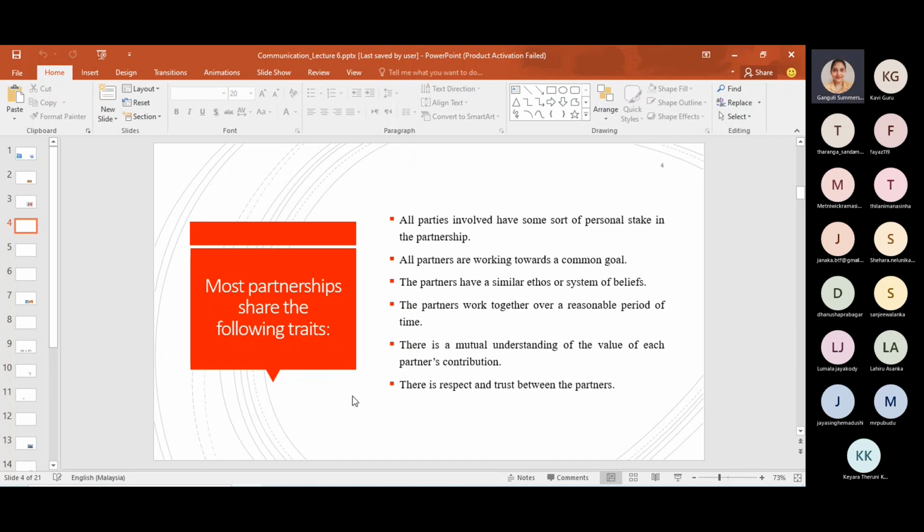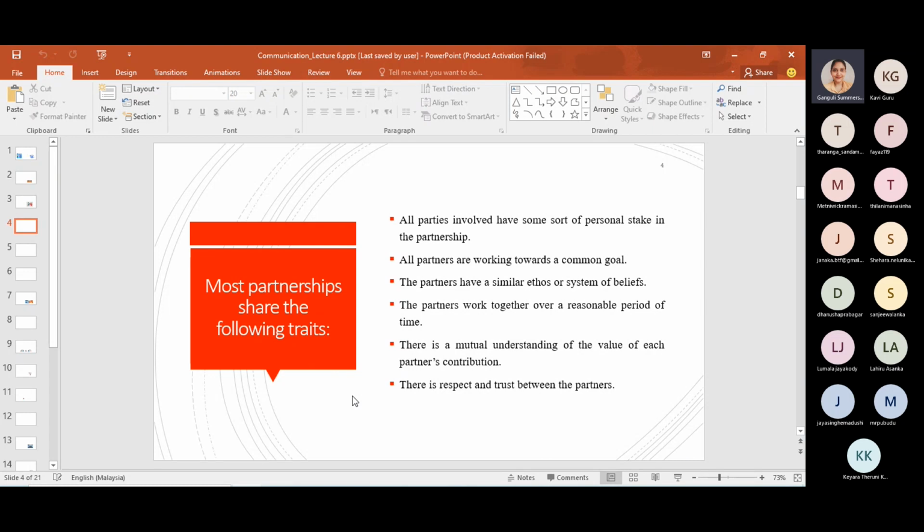Okay, so all parties involved have some sort of personal stake in the partnership. Personal stake means a personal financial gain, a personal financial benefit. So when organizations are engaged in partnership working, all these partner organizations have some sort of personal financial gain in the partnership.